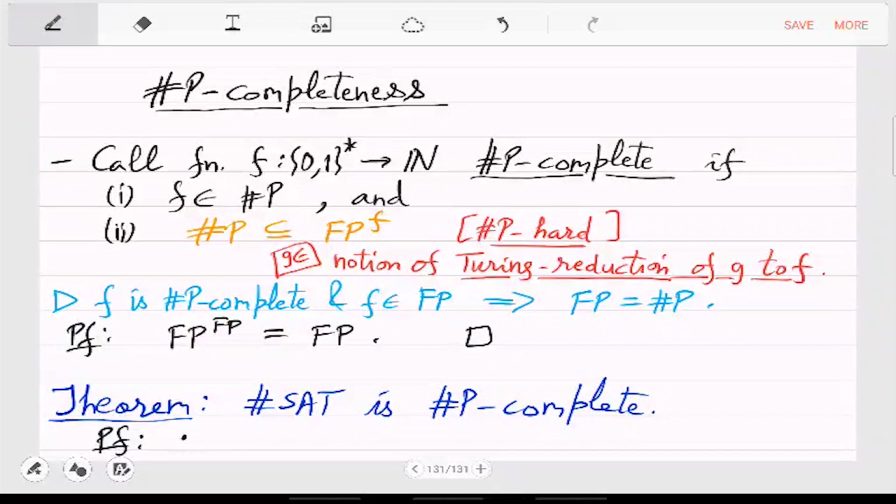So we know that #SAT is in #P, and now we have to show that it is also #P hard. So every problem in #P should reduce to this in the above sense, right? Turing sense.